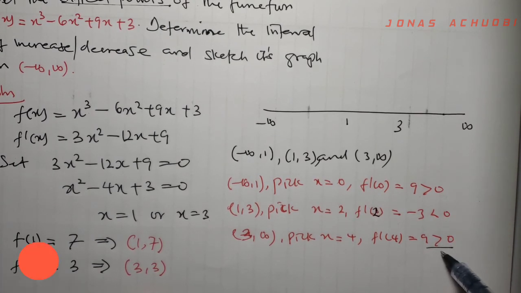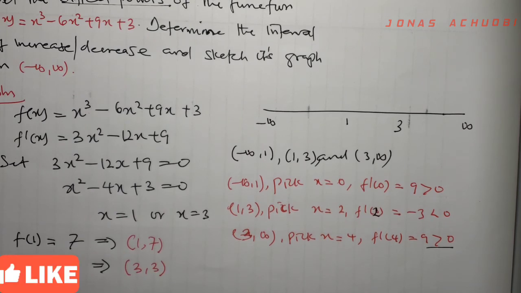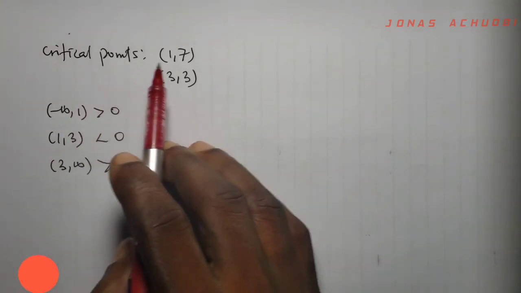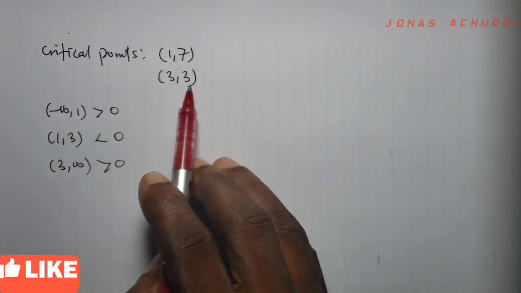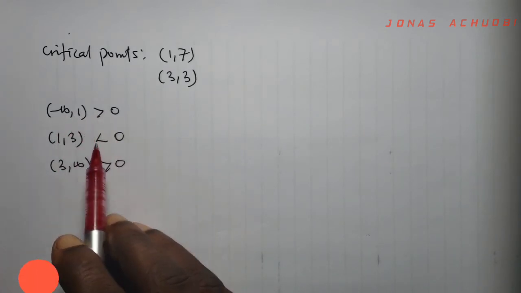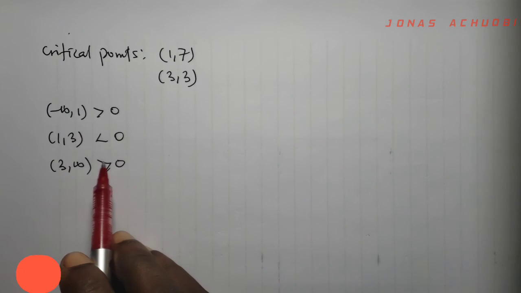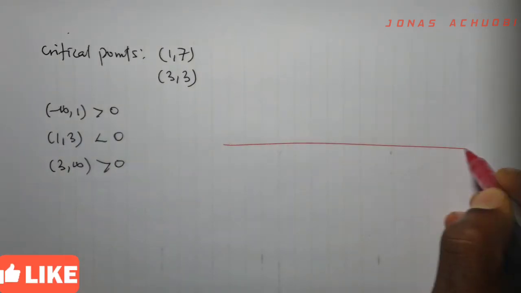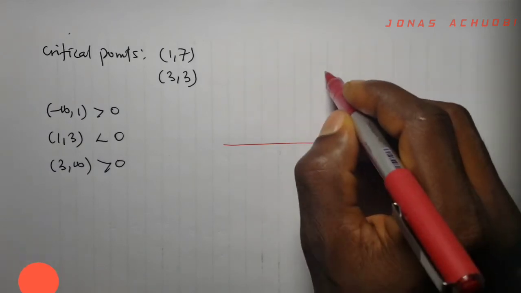With this information, as well as the critical point, we are now well equipped to sketch the graph of the function as follows. We now have the following information: critical points 1, 7 and 3, 3. And for the intervals, increasing on the first interval, decreasing on the second, and increasing on the third interval. So we sketch our axis without wasting much time.